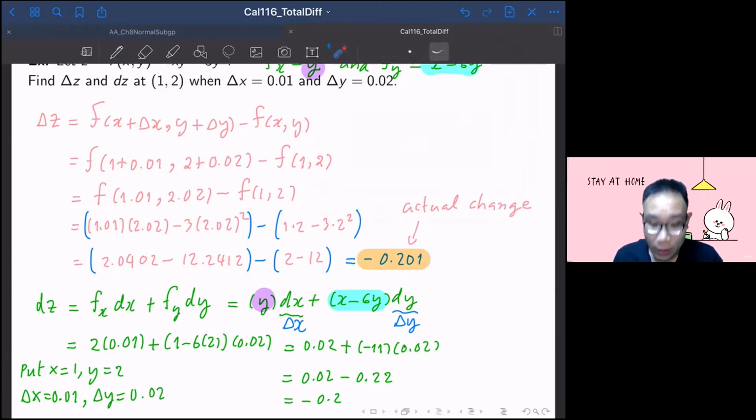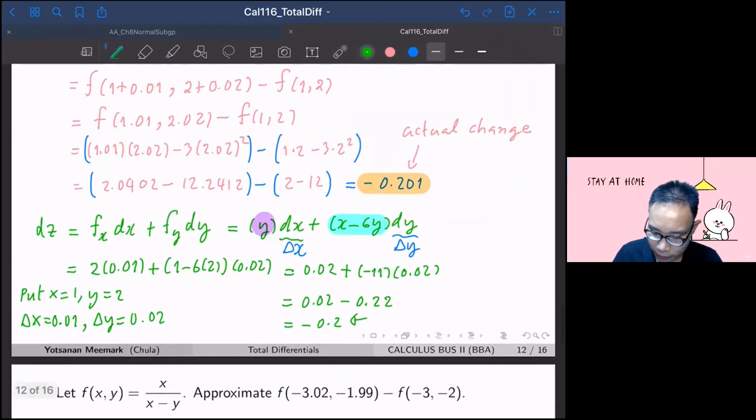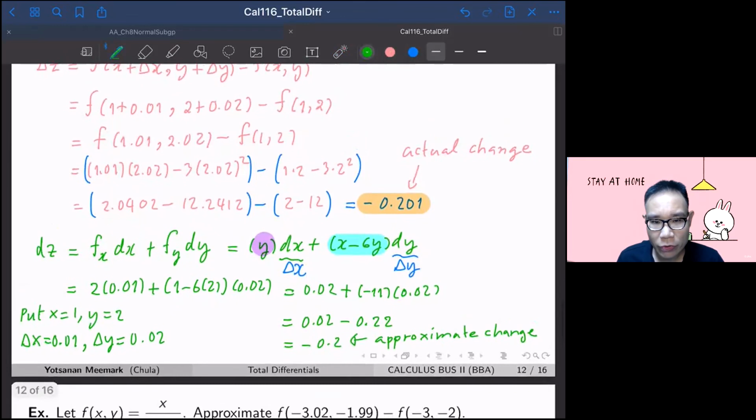And this one is going to be the approximate change. And you see that the approximate change turned out to be very close to the actual change, and this one is easier to compute.